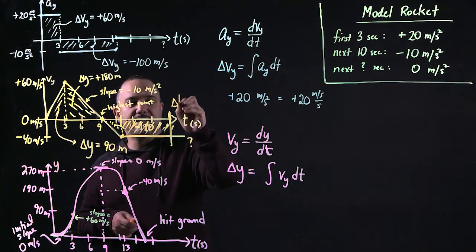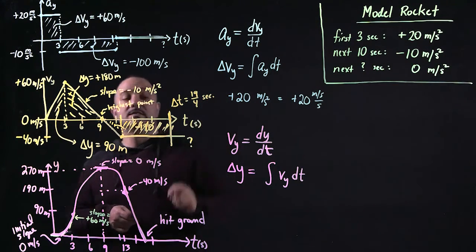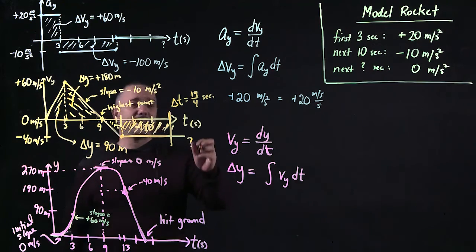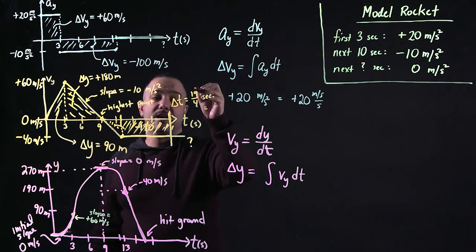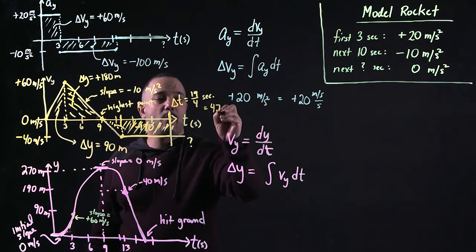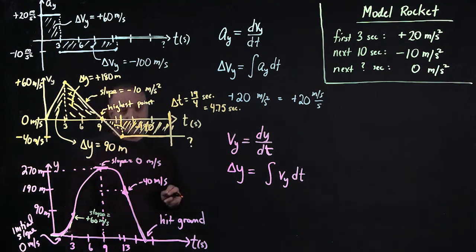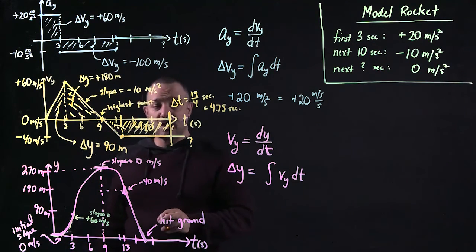So we're going to need an additional 19 over 4 seconds. If it was 20 over 4, that would be 5 seconds, so we're actually at 4.75 seconds of additional time.